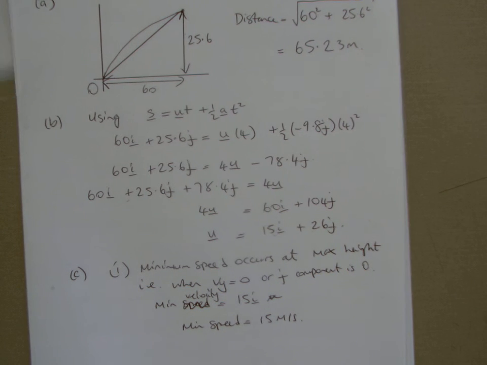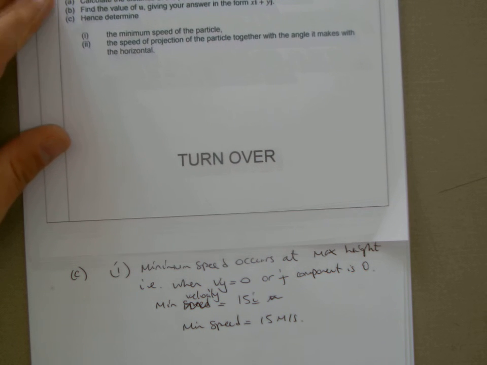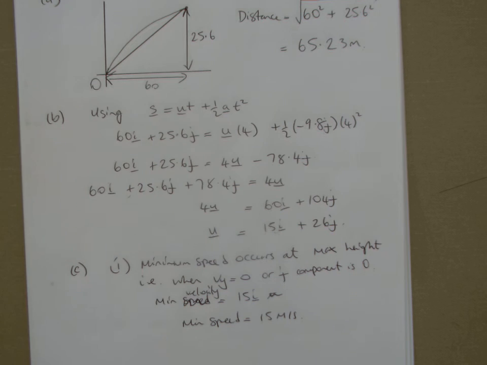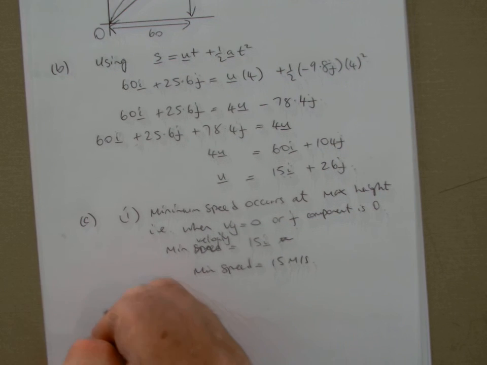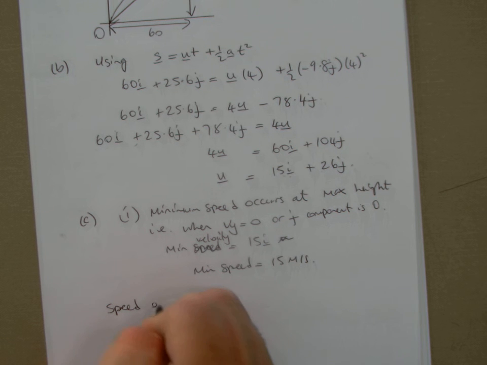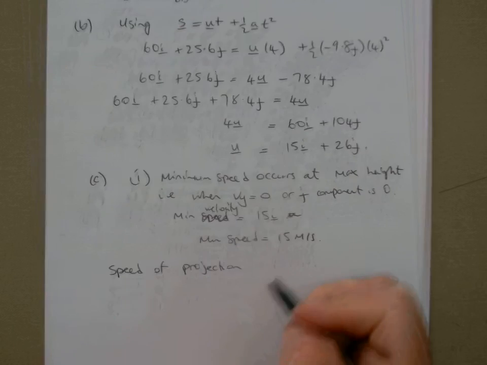Part 2 then says, find the speed of projection of the particle together with the angle it makes with the horizontal. Well, we know that u is 15i plus 26j, so the speed of projection, we'll just be looking at those components.